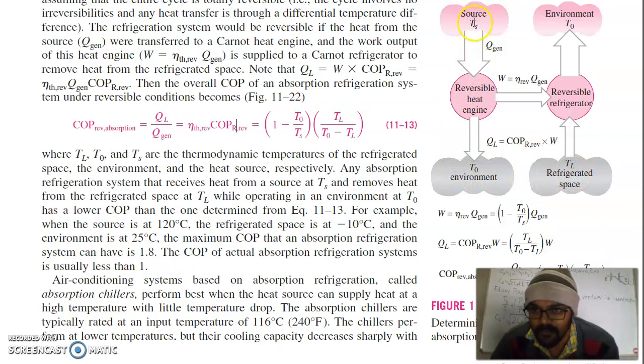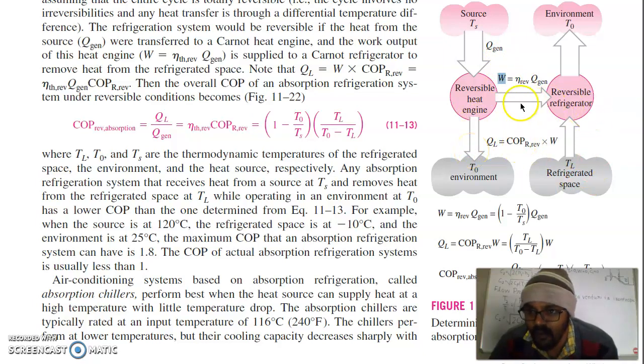Suppose the heat source is Ts from which heat is taken. This amount of heat is taken by a reversible heat engine, which will produce work, and suppose the efficiency of this reversible cycle is the reversible efficiency. So the work output of this reversible heat engine is equal to the efficiency times whatever heat is supplied, and the heat QL is rejected to the environment.